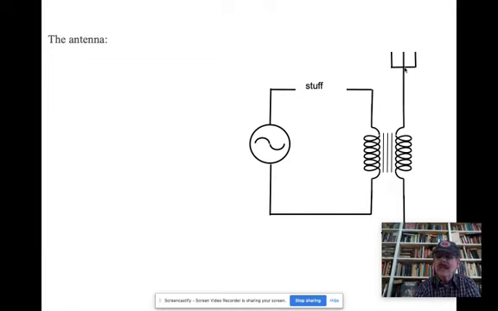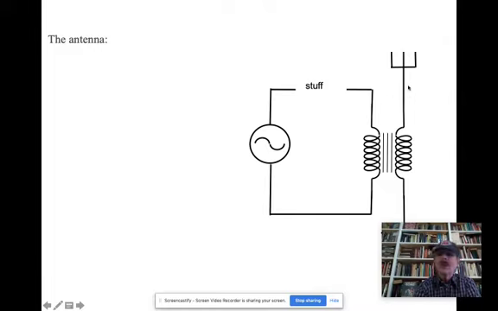If you have positive charge on the antenna at a particular instant, it's going to generate an electric field around the antenna. Positive charge will tend to produce an electric field pointed away from the antenna. If at some later point in time the net charge on the antenna is negative, the electric field will end up pointing towards the antenna.